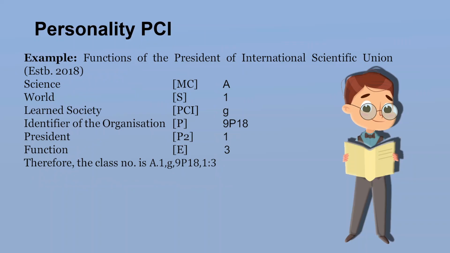So its coverage is the world and denoted by the notation 1. So A1, and then we get learned society, that is the PCI. International Scientific Union is an organization, a learned society, so it is to be denoted by the personality PCI small g, and the identifier of the organization is capital P18, that is the year 2018.